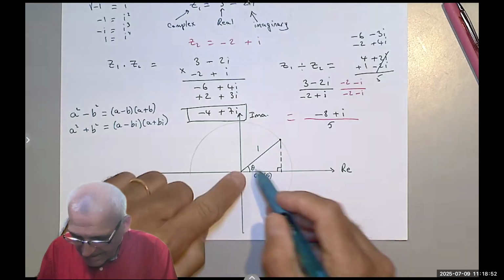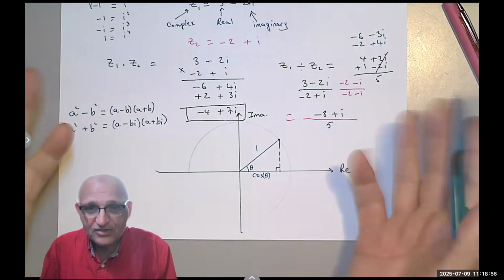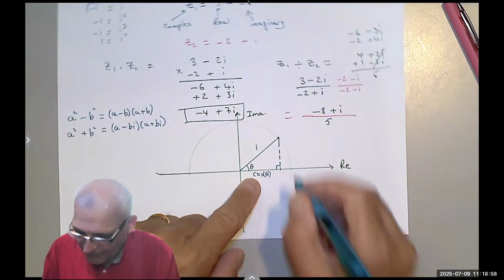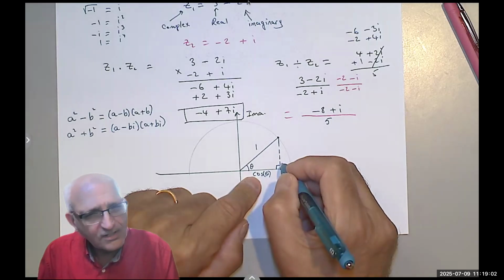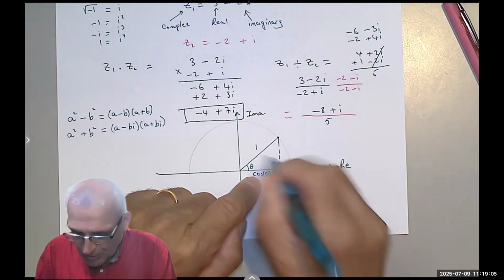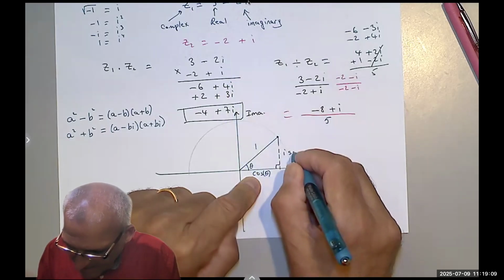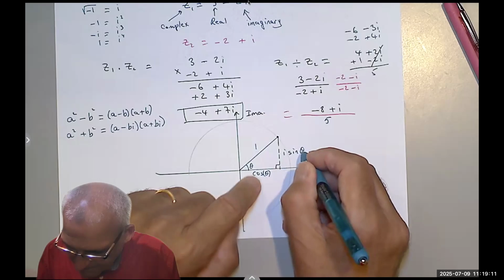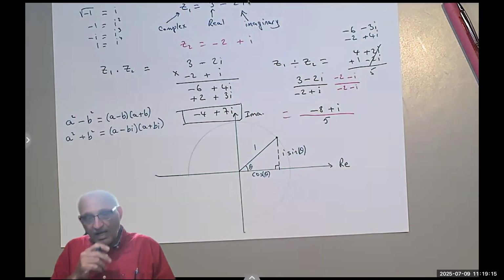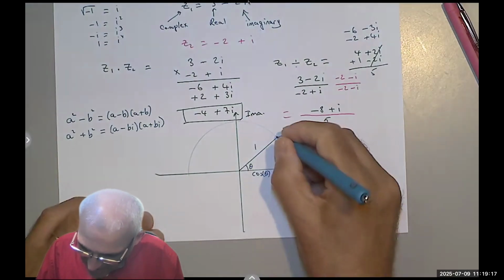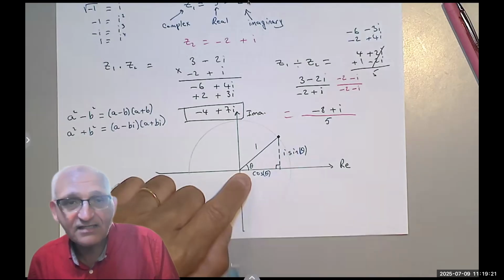Because cosine theta is this guy divided by 1. But by the same logic, the vertical would be sine theta? No, that's the imaginary number. So this is i sine theta. So this point right here has coordinates cosine theta and i sine theta.